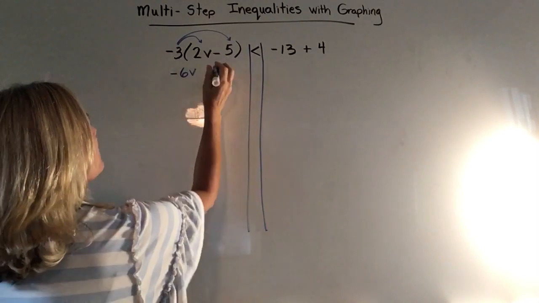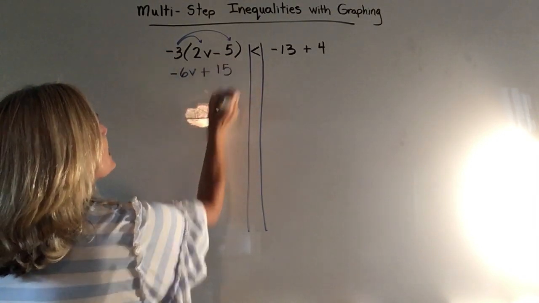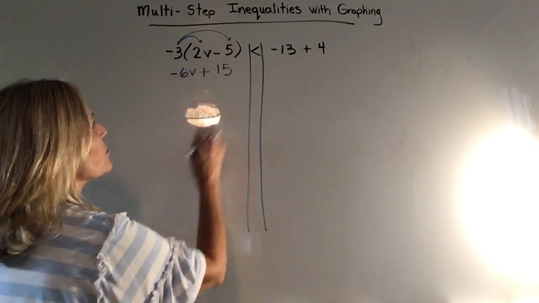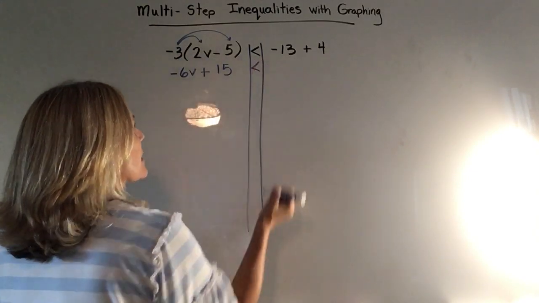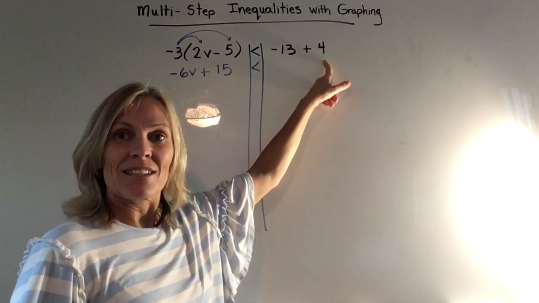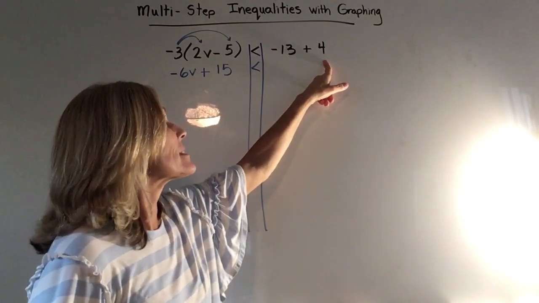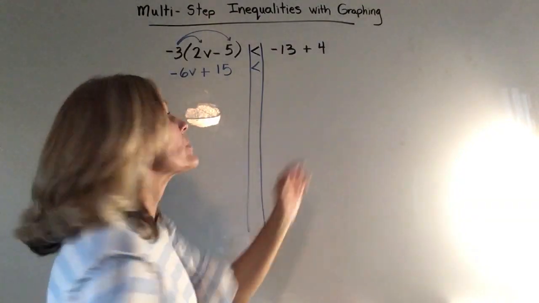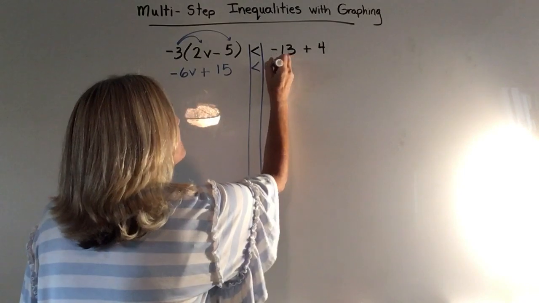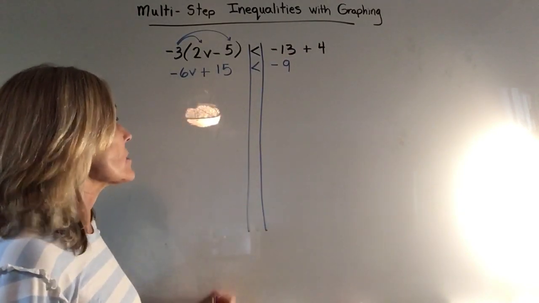Negative times negative is a positive. 3 times 5 is 15, and then we don't have any variables. Is less than, and on this side I have 2 constants. Remember, constants stand alone. They constantly stand alone. So I will combine my 2 constants. I have more negatives than positives, and I have 9 more negatives than positives.